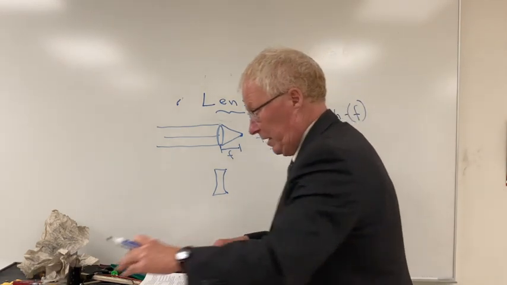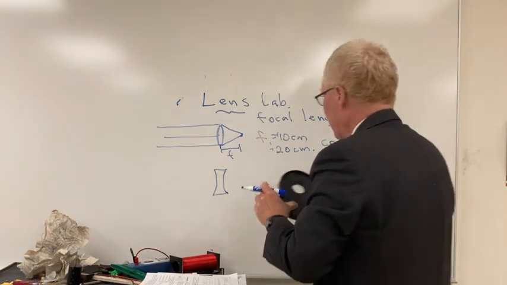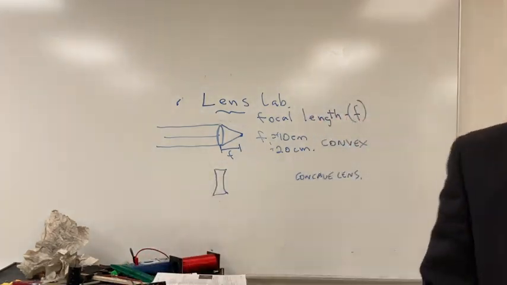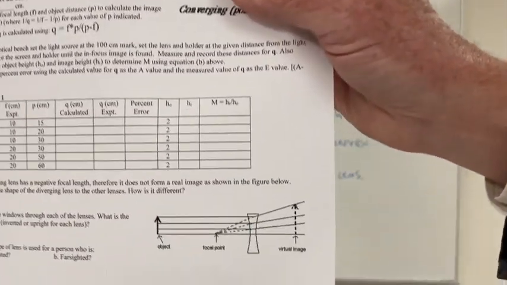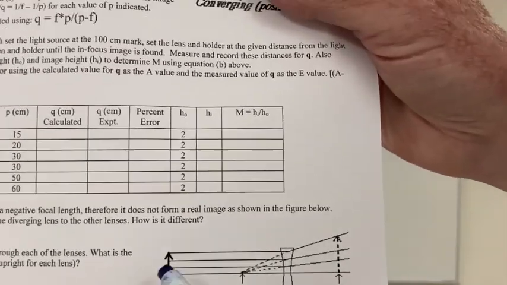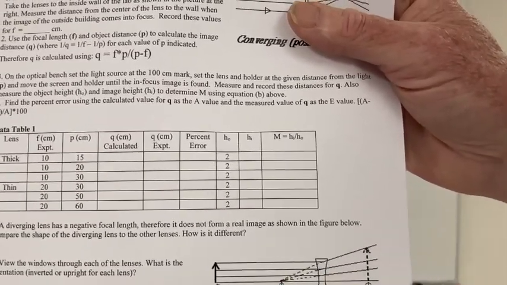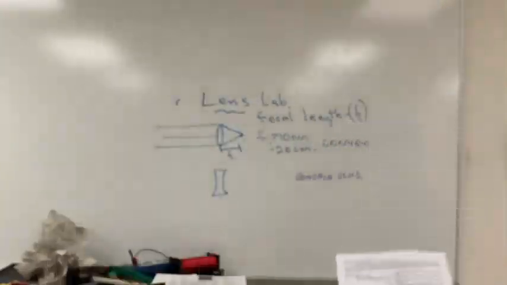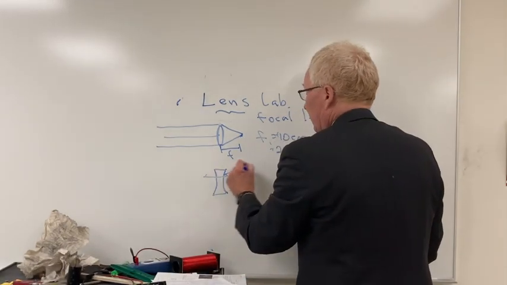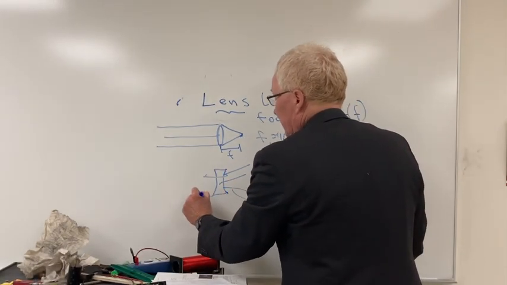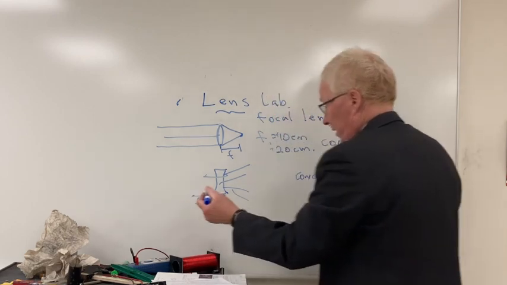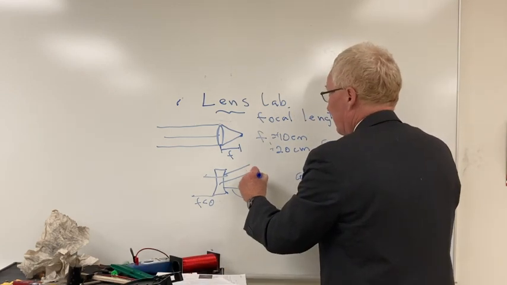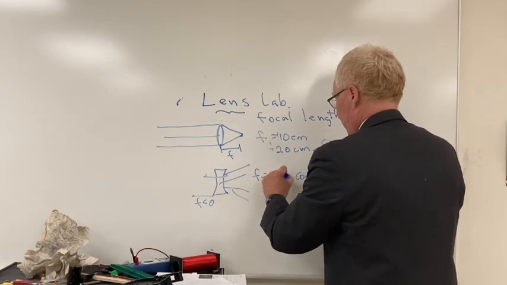In this case, if we have light coming from far away, it actually spreads out, so the focal length would be in front of the lens. This will be a focal length less than 0. In this case, F is minus 15 centimeters.